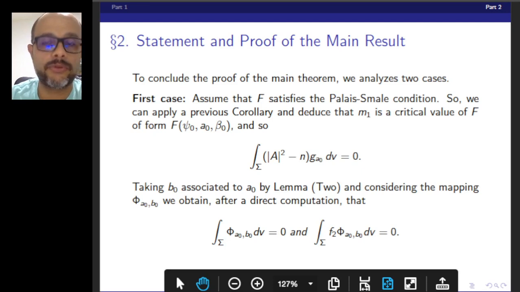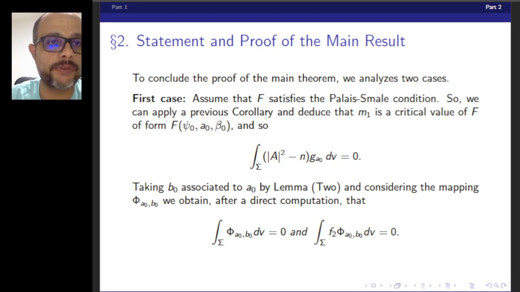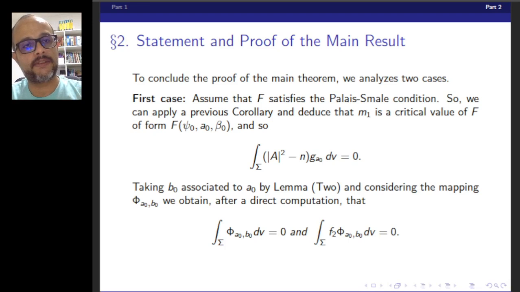Okay, so to use the last lemma of the previous slide, we have to compute the quadratic form I applied to this field, phi_{a_0,b_0}, and prove that its value is 0.